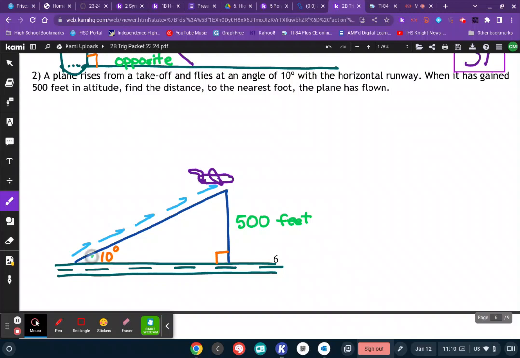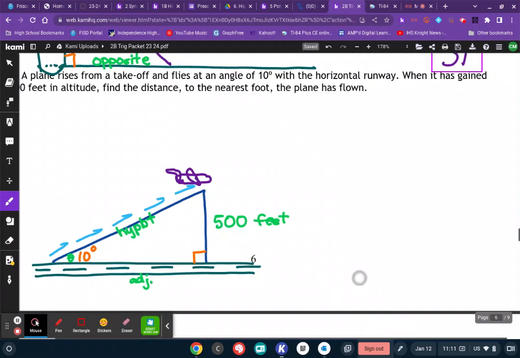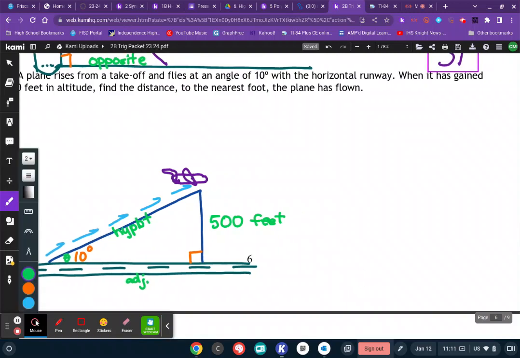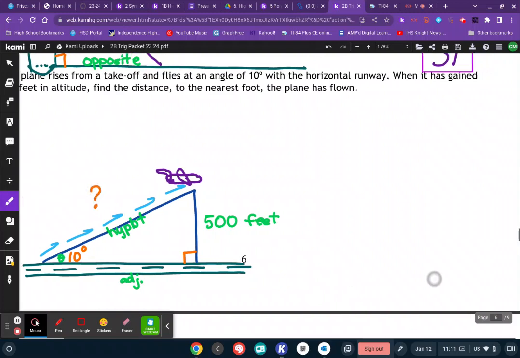Alrighty, so I'm going to use the 10 degrees as my theta. My hypotenuse is what I'm looking for. What trig function do we like? Good, I would agree.